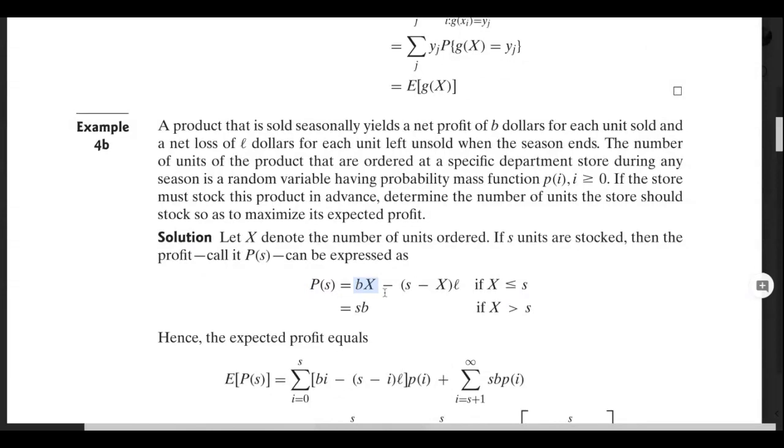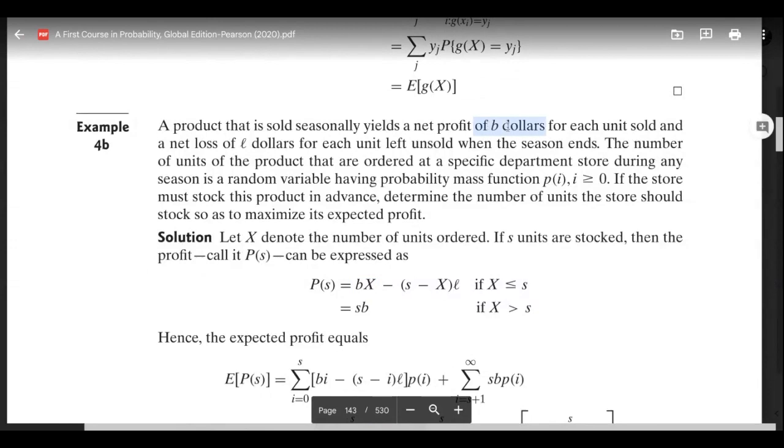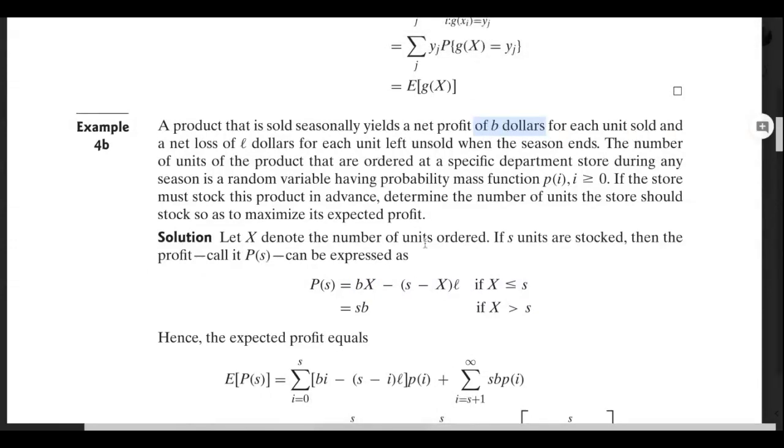Remember the $b is earned if a unit is sold. So b times X, the number sold, minus the unsold. How many are unsold? The number in stock minus the number sold, multiplied by l. If units are unsold at the end of the season, the store will lose l for each. The number unsold is how many were stocked, subtract the sold.